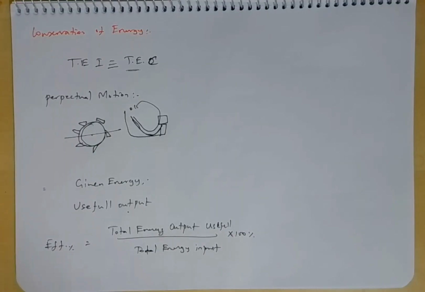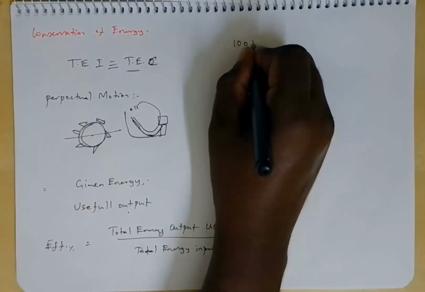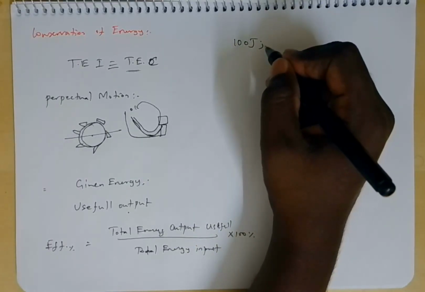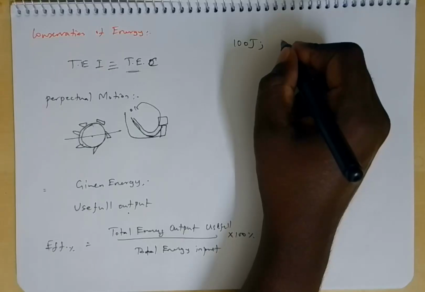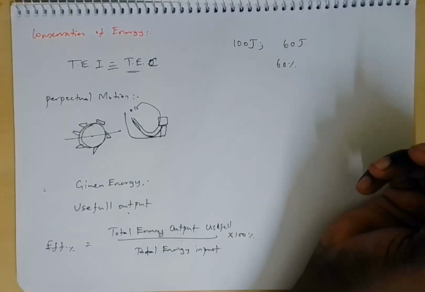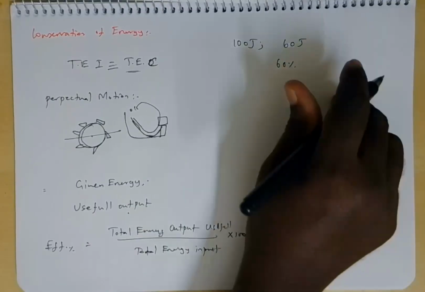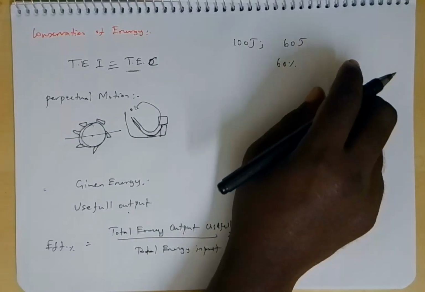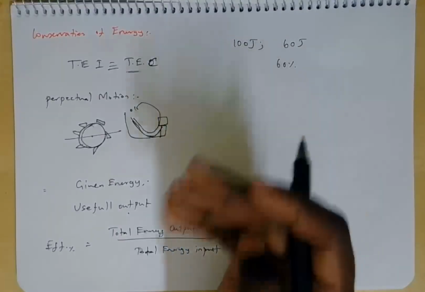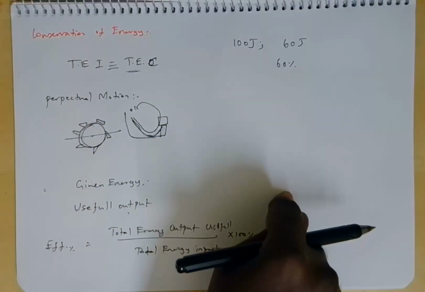Now, what do we mean by a system is 50% efficient, 60% efficient? Meaning that if you give 100 joule of input energy, the system gives back what is your desired outcome, that is 60 joule, then it is 60%. So how do we calculate what energy we give and what energy we receive as our desired way?